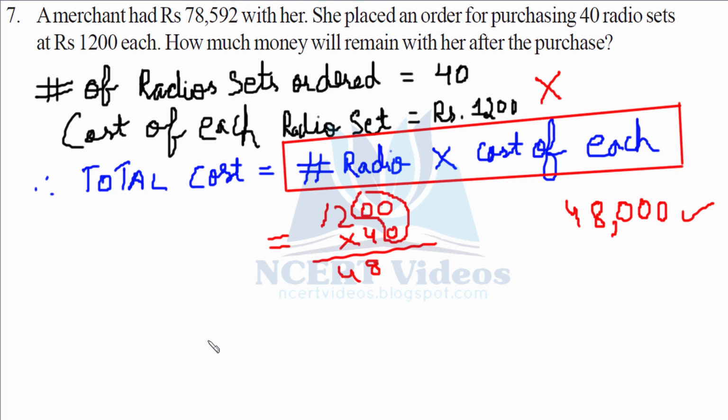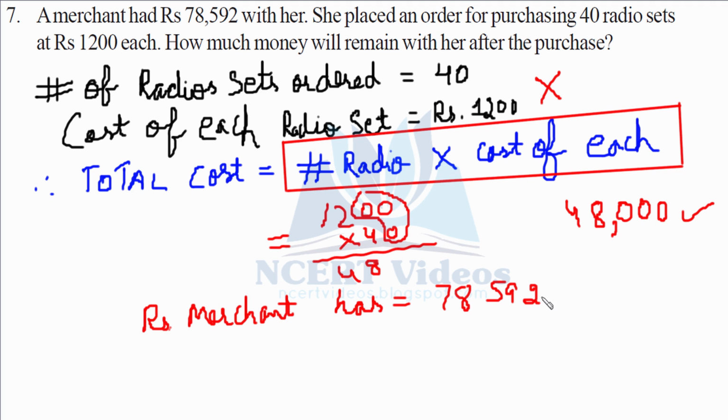Now, how much? Whenever we have to calculate how much, that will always be a division problem from larger to the factor. So total was 78,592 rupees she had. Now expenditure for 40 radio sets would be 48,000.